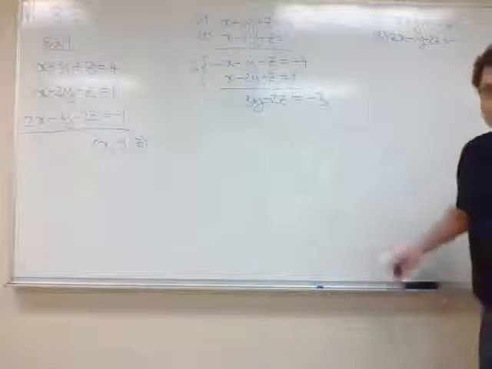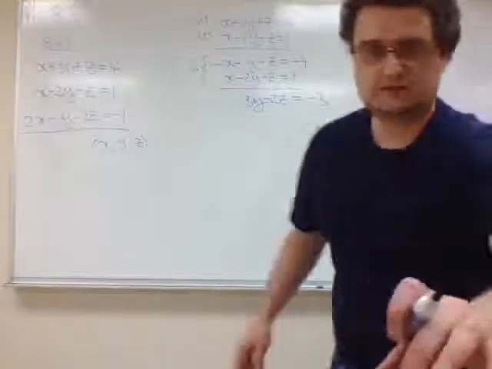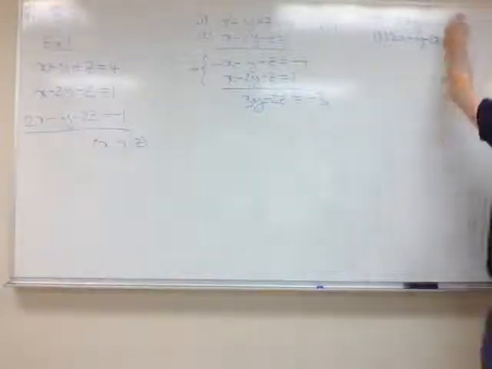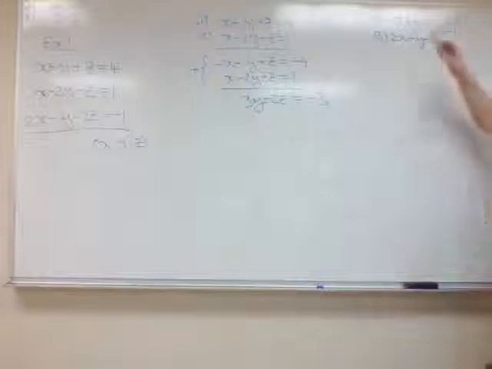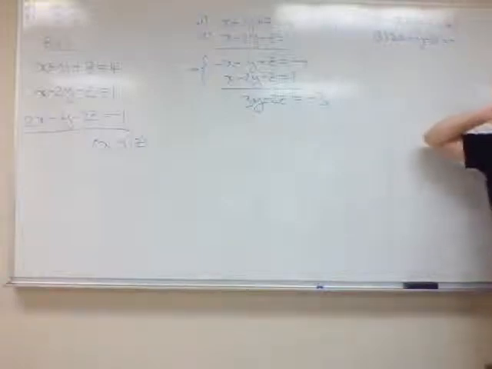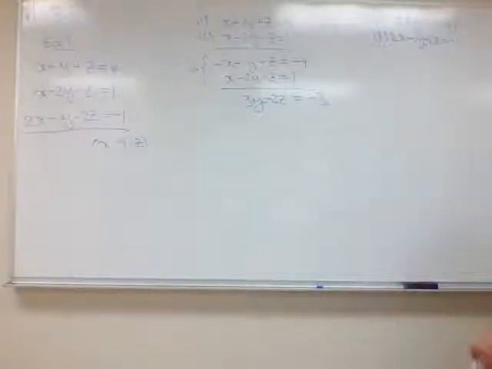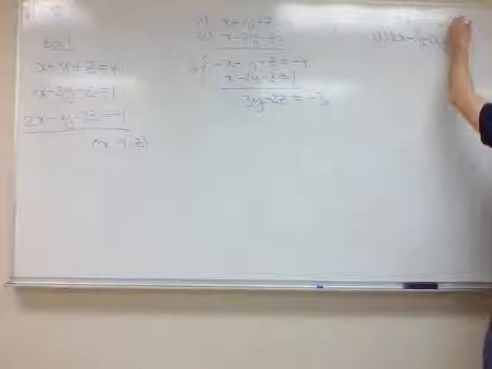Now, let me multiply. Let me see whether this is visible. Okay. Let me multiply the first equation by some number so that when I add these two equations, I will eliminate x again. So to do that, I need to multiply by -2.